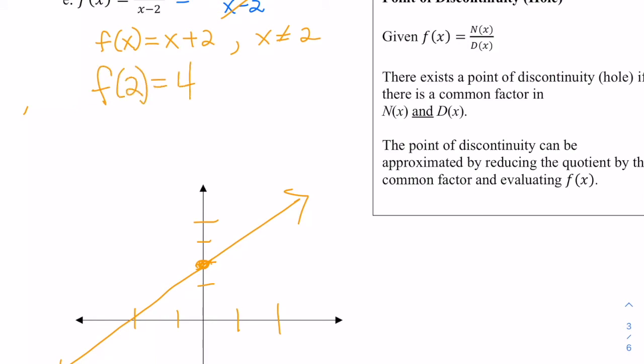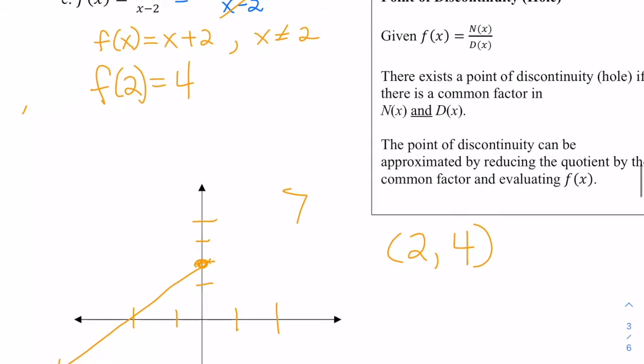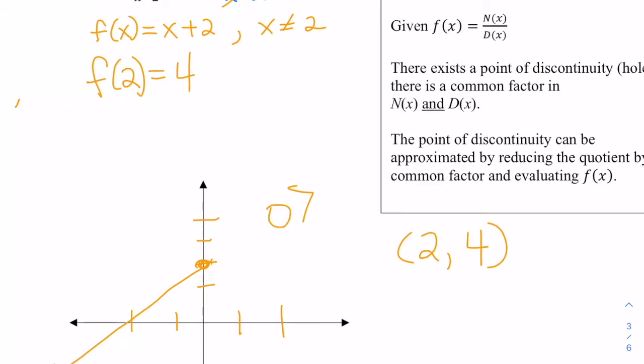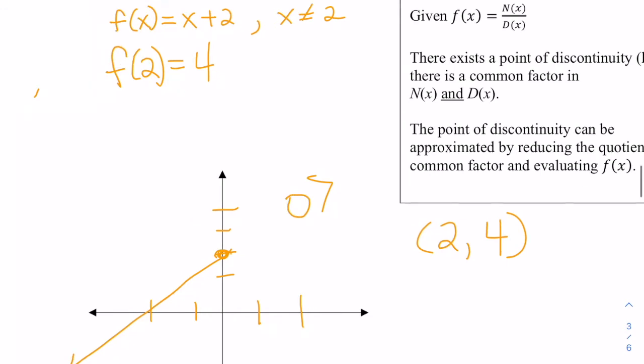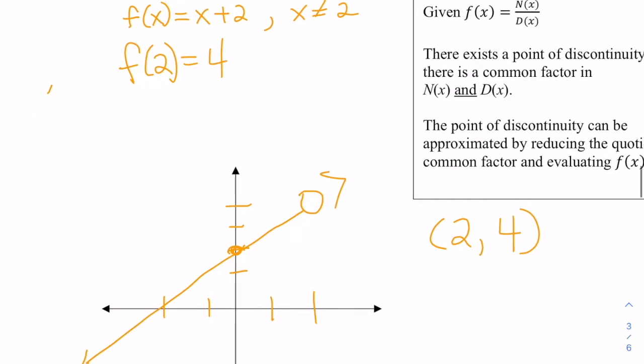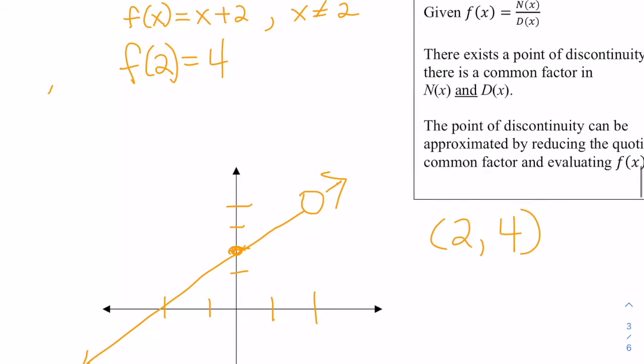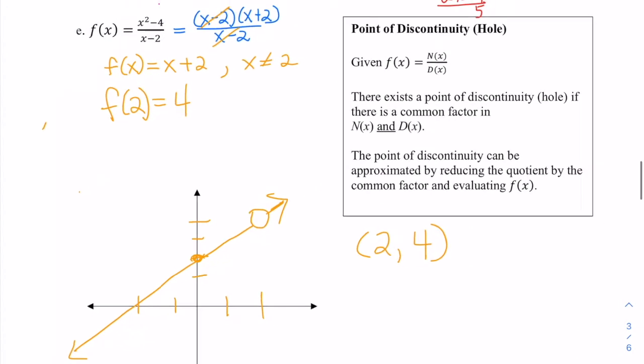But remember, x cannot equal 2. So this point, 2, 4, is actually called a point of discontinuity. So I'm going to put a little open circle where that point would be, and continue the line through or around that point. Okay, so that point is a point of discontinuity.